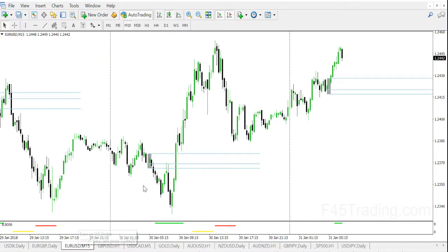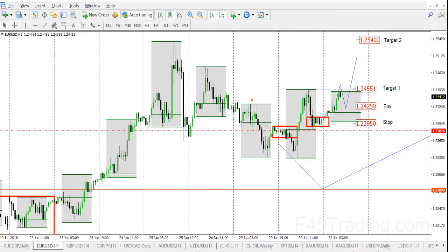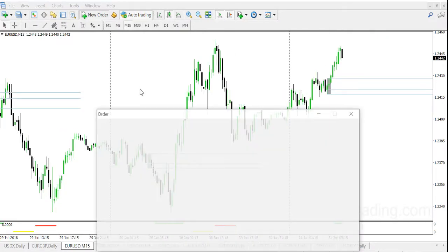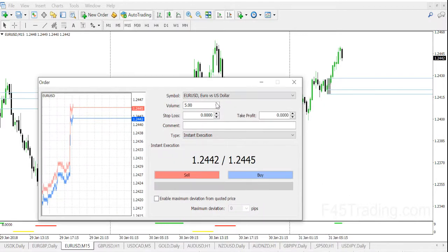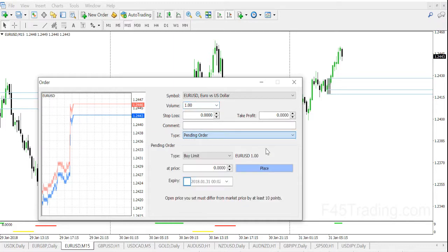Anyway, where am I here? Euro. Okay, so what did we say? 124.50. I'm just going to put a buy limit order in here, test it out, see what happens, and pending buy 124.40.